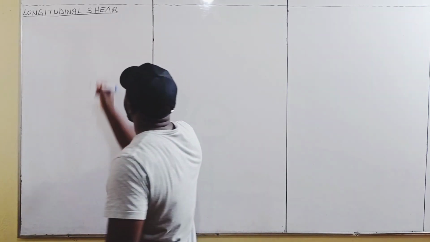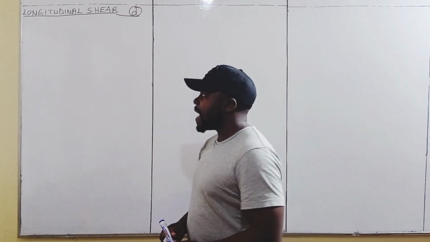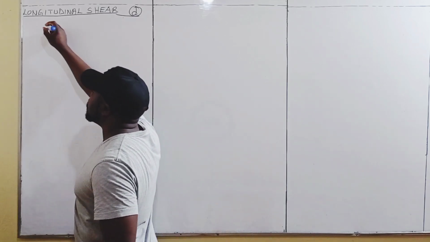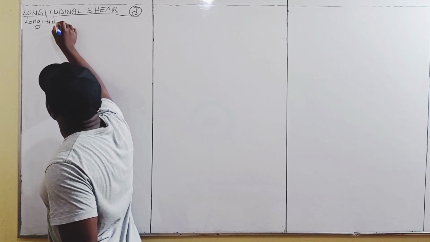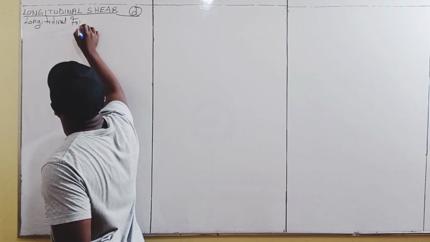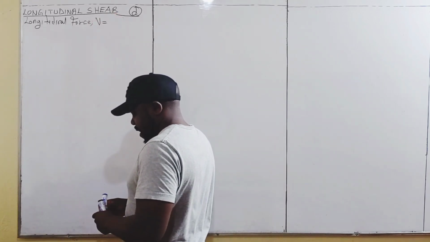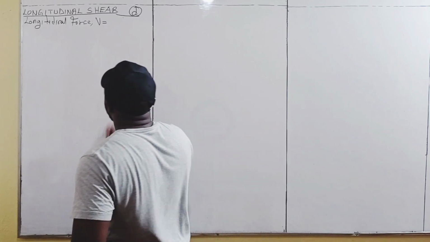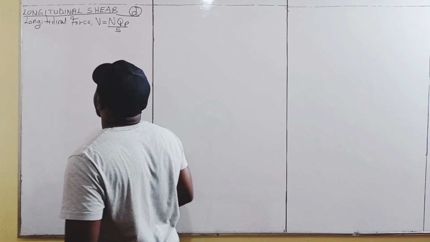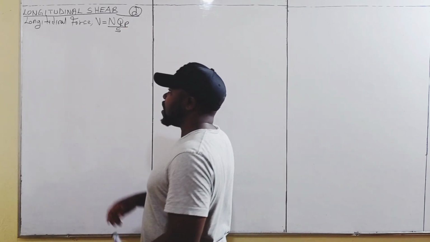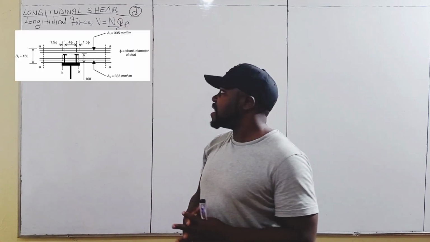So we are in part D of our question, that is longitudinal shear. And in longitudinal shear, we are going first of all to determine the longitudinal force. A longitudinal force V is usually given by N QP divided by S, whereby N is the number of shear connectors in a group, and in every group we have 2 studs.